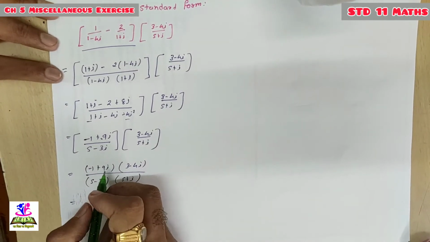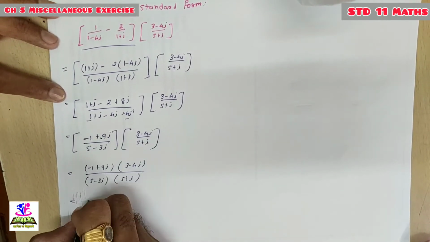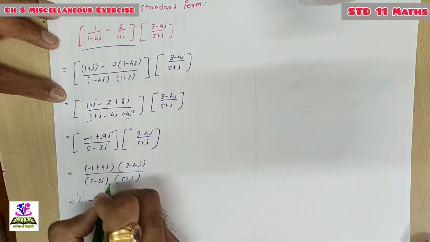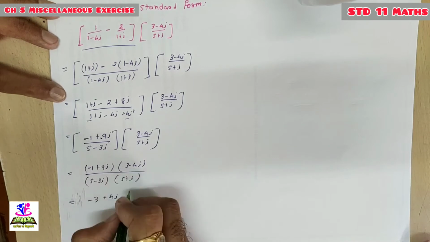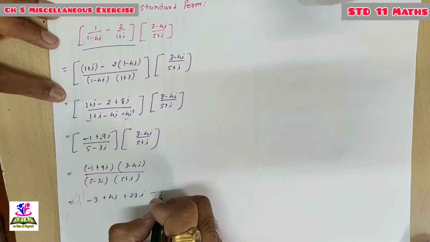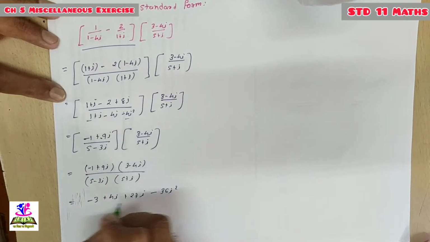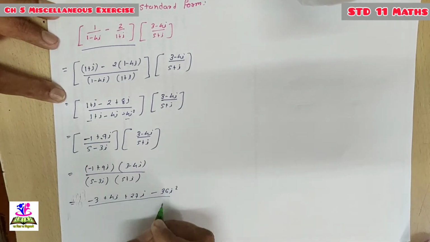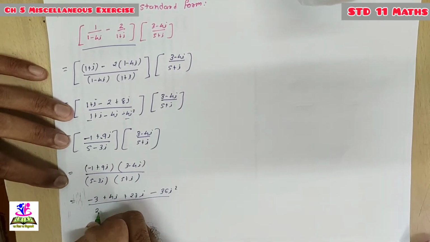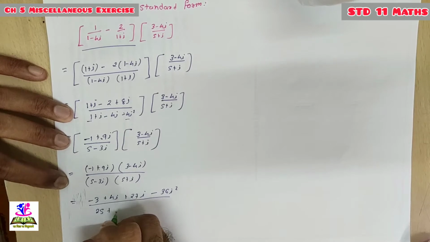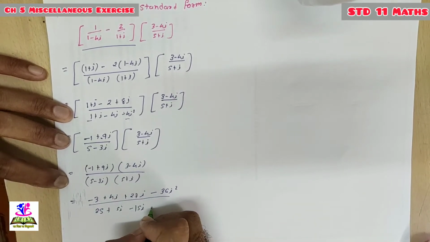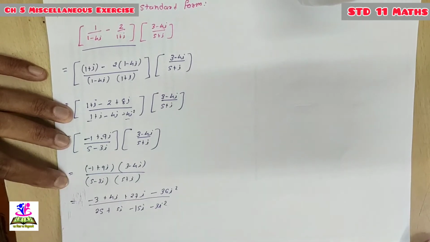Now multiplication in the numerator: minus 1 into 3, minus 3; minus 1 into minus 4, plus 4i; 9i into 3, 27i; minus 9 times 4 is 36i square; upon multiplication of the denominator, 5 fives are 25, 25 plus 5i minus 15i minus 3i square.